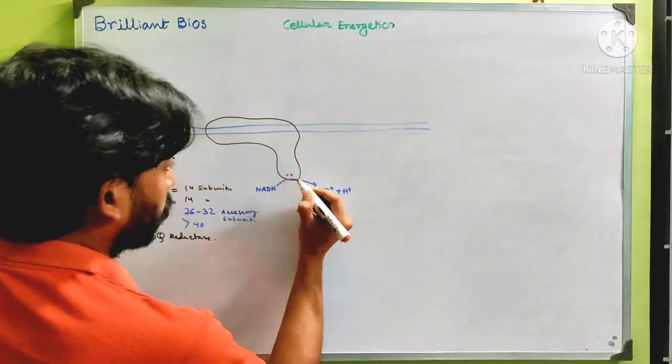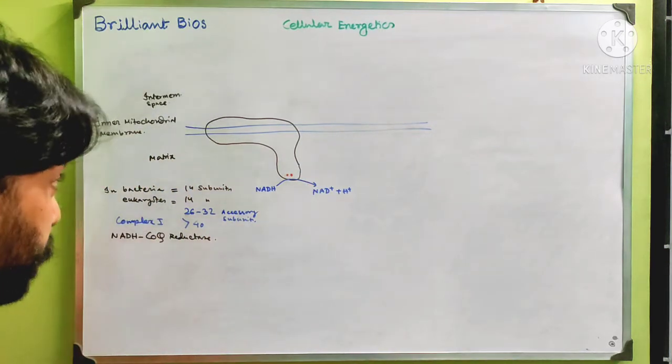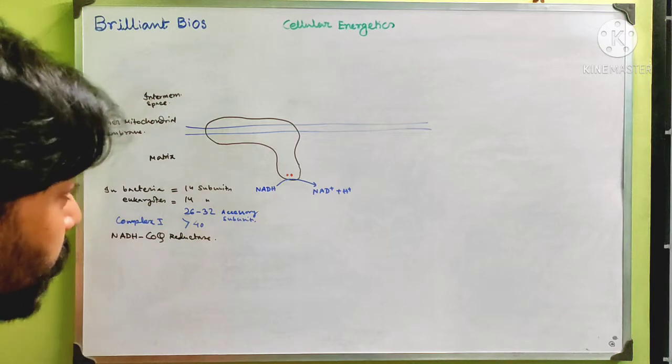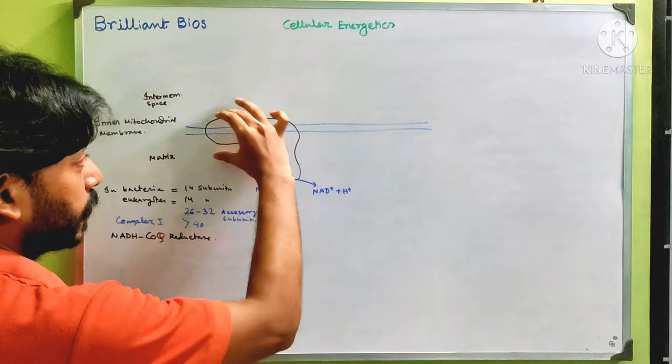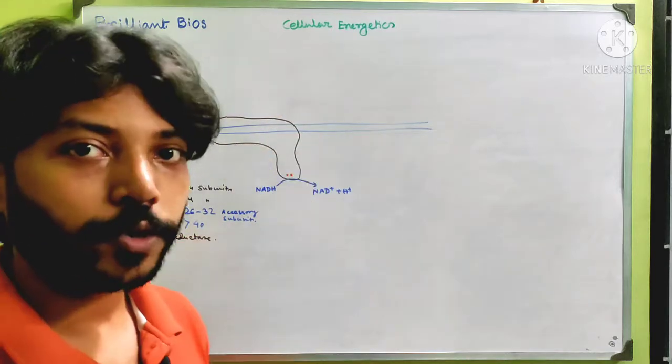I am denoting the high energy electrons in red color. Scientists have found that in this membrane embedded domain, there are 4 subdomains.